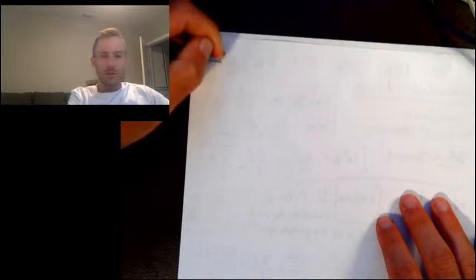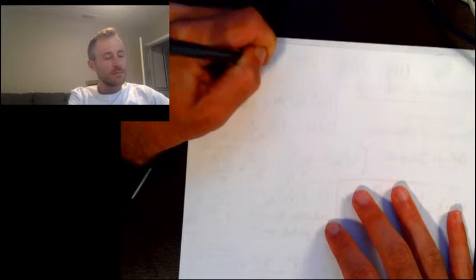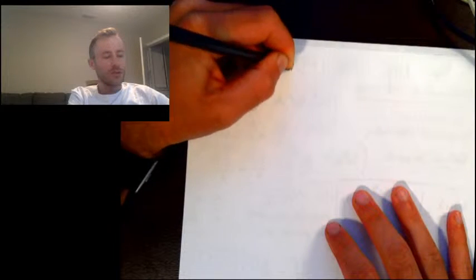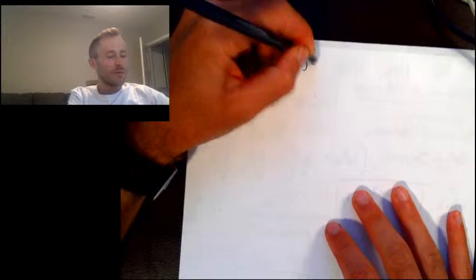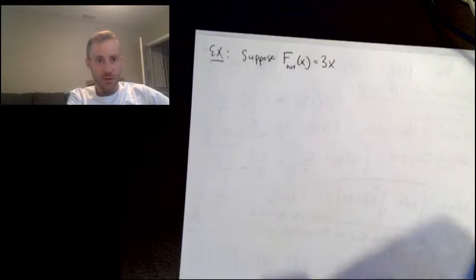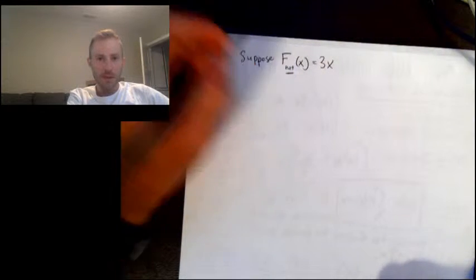All right? So let's do an example that applies the work kinetic energy theorem. Suppose the net force as a function of position is given by 3x. So it is the same function as last time, only this time I said it is the net force.